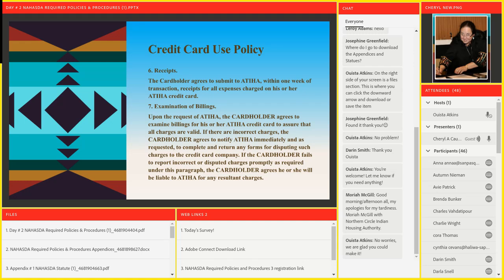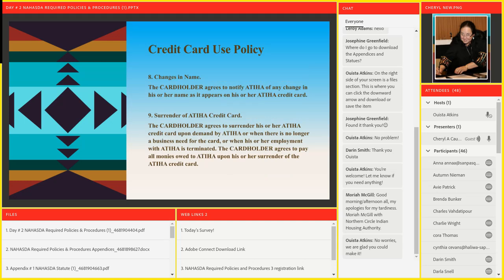If there are incorrect charges, the cardholder agrees to notify ATIHA immediately and as requested to complete and return any forms for disputing charges to the credit card company. If the cardholder fails to report incorrect or disputed charges promptly as required under this paragraph, the cardholder agrees he or she will be liable to ATIHA for any resulting charges.